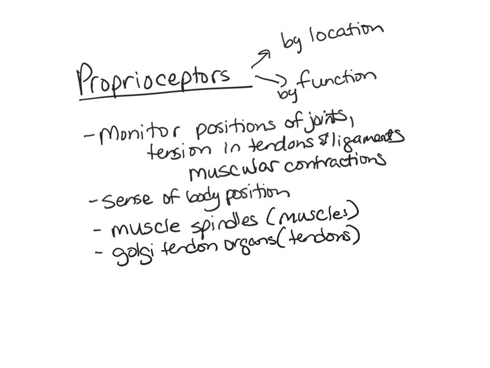Now remember, tendons attach the muscles to the bone. They're also found in receptors in the inner ear. So those receptors in the inner ear can send continuous information to your central nervous system, letting your brain know what position your head is in.